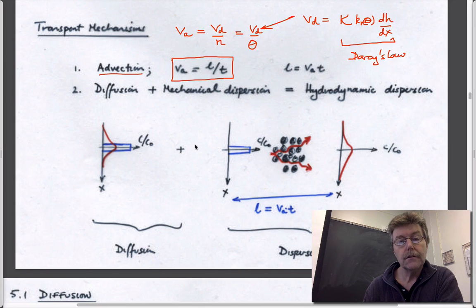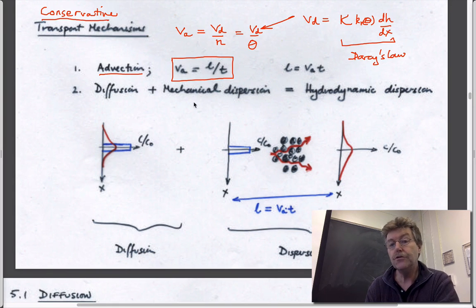And so the way to think about both of these terms together is that there's a second behavior in conservative transport. So these are all conservative mechanisms. And that is this diffusion and mechanical dispersion behavior.